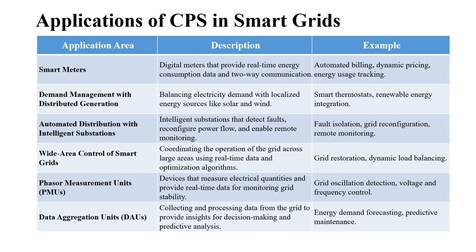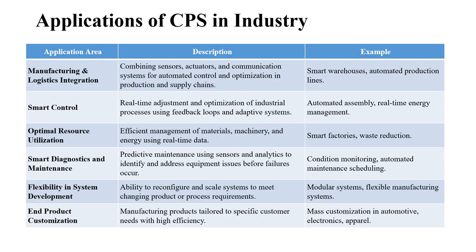Then you have applications of CPS in the industry. So these are the application areas of the CPS in the industry. First is manufacturing and logistics, integrated with communication, sensors and actuators.